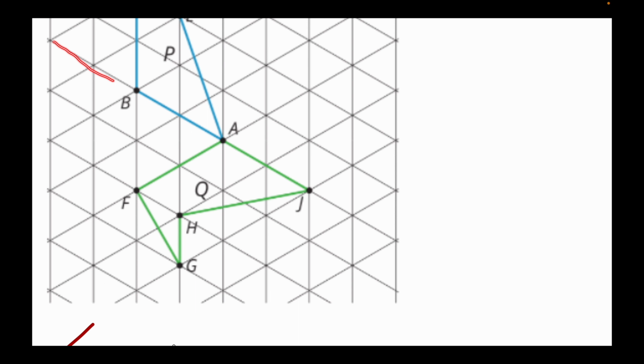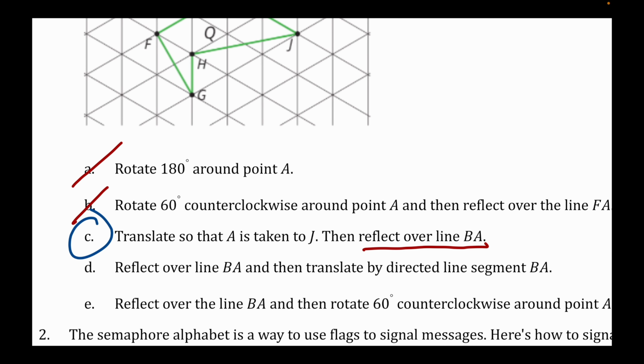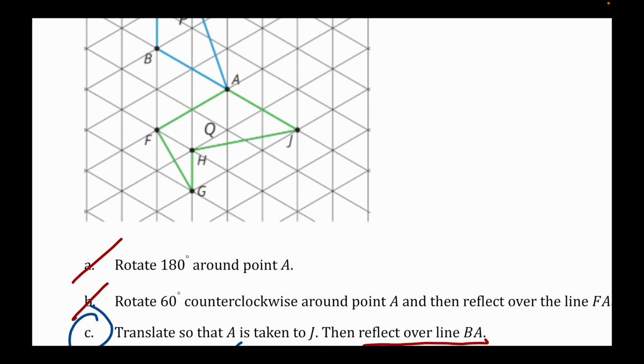Since translations take lines onto parallel lines or onto themselves, it translated this line segment onto just another part of the line further down. So if we reflect across it, we should be still reflecting across that same line to start with. So I'm good with that reflection first. So this should work.